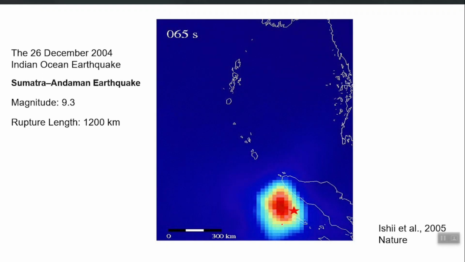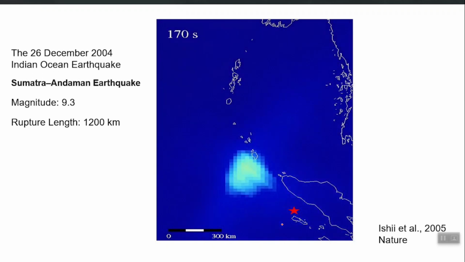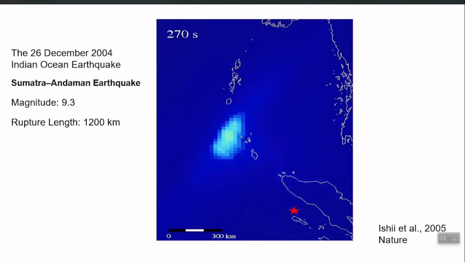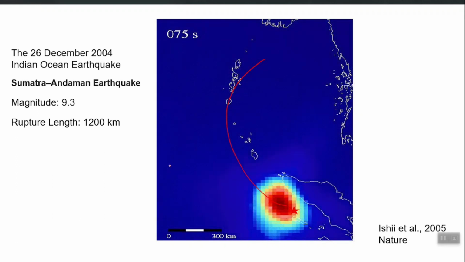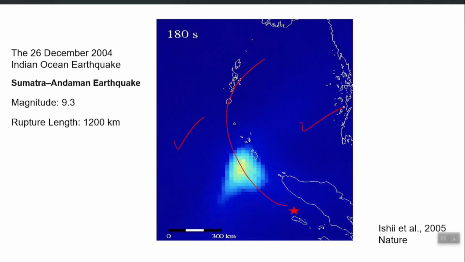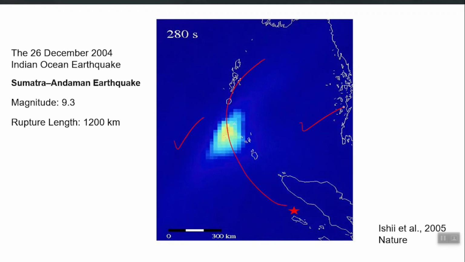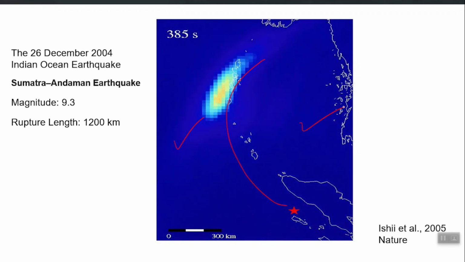But after it started, it moved in an arc direction because there was a plate boundary or a fault in that arc direction, right? So imagine that these two pieces of land on this side and on this side didn't move together. The slip originated at one point along that crack and it traveled along that crack, right?